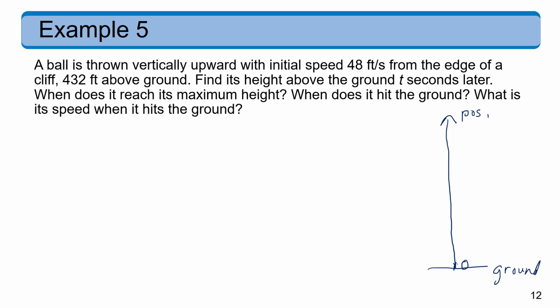So the cliff is 432 feet above ground. So here's 432 feet. This is where the cliff edge is. And that's where the ball starts. So the ball will start here, and it's thrown vertically upward.